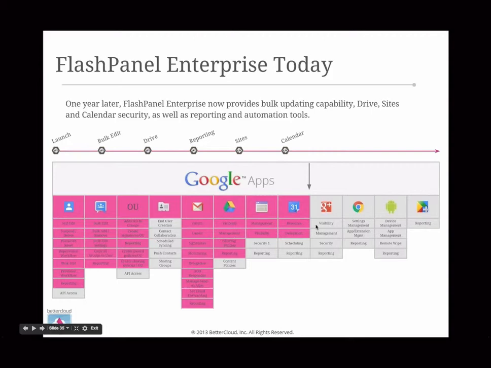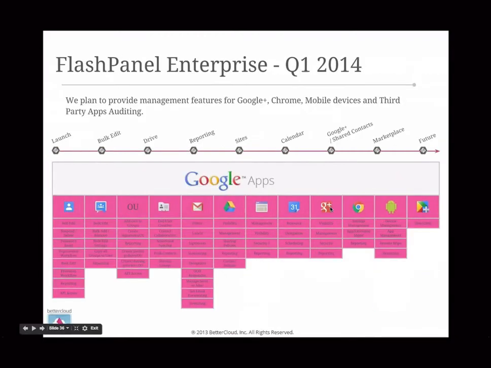But over the next couple of months, in fact in the next 4 to 5 weeks, we'll be adding Google Plus functionality, the ability to view all public posts and sharing. You can also manage Chrome and devices, being able to wipe devices. And then, of course, third-party apps auditing, which is a pretty important thing to know: which of your users have installed a Chrome extension that asks for their username or email address or manages their browsing history.